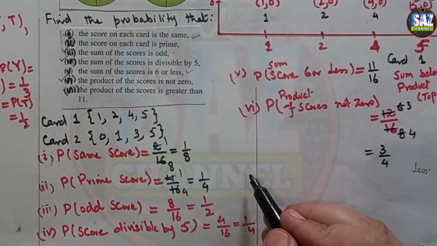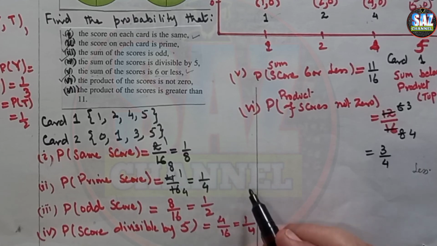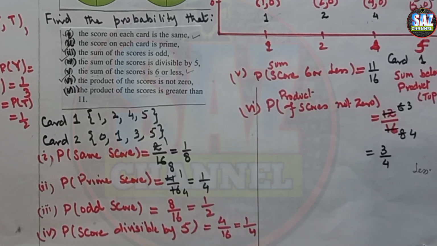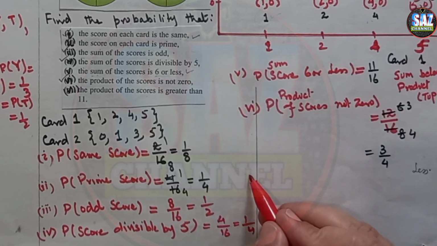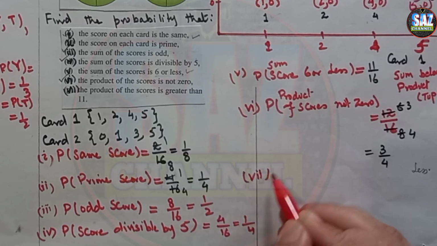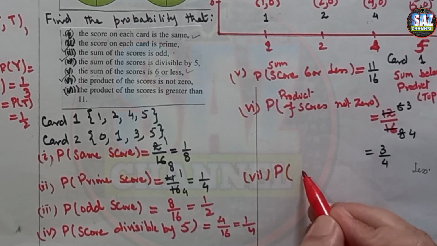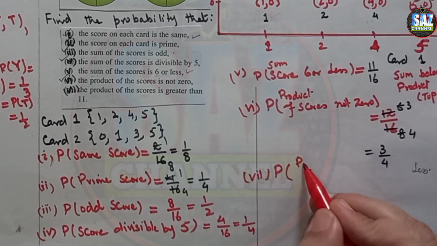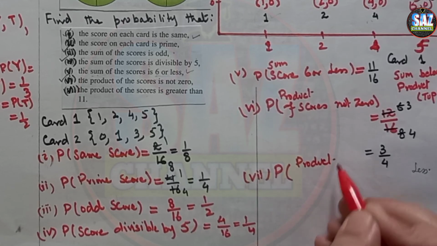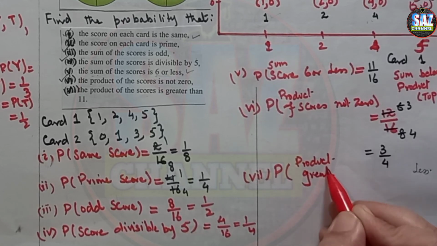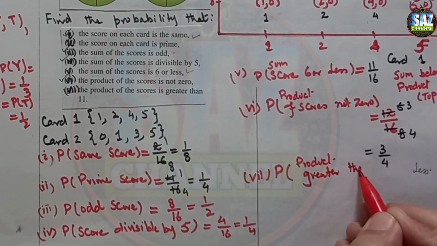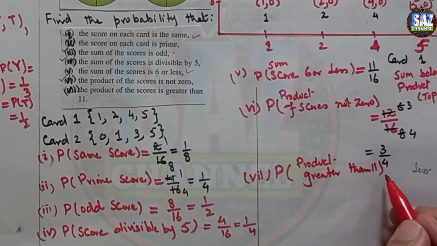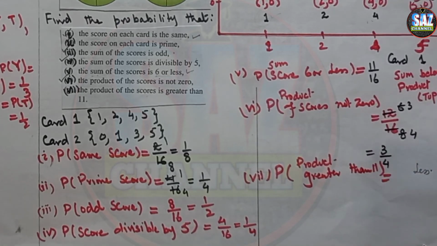And the last part is the product of the scores greater than 11. We have to see how many times we are getting a product which is more than 11.